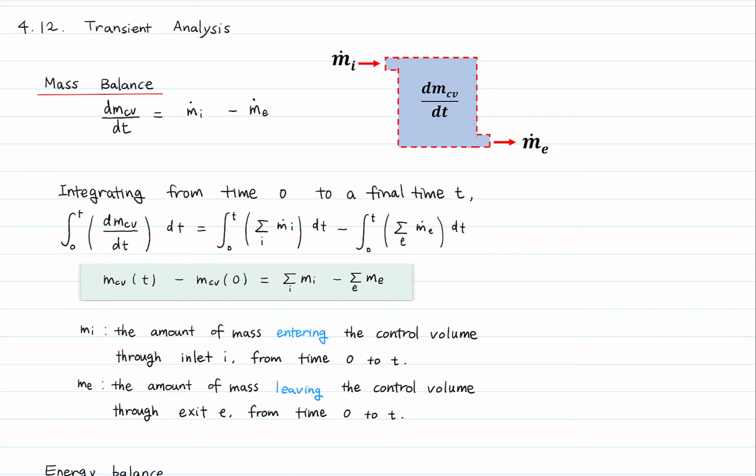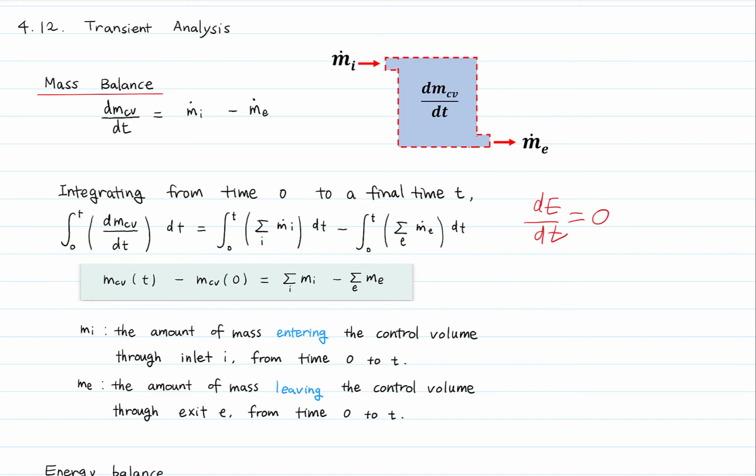4.12 Transient Analysis. So far we have considered the thermodynamic analysis of open systems in steady state. The steady state indicates there are no changes in thermodynamic properties with time. In the energy balance equations, the left-hand side term dE/dt equals 0 for steady state condition.